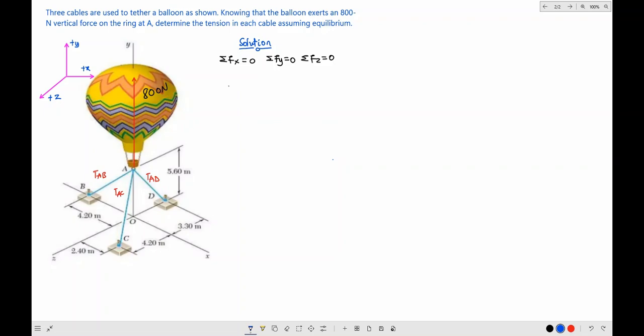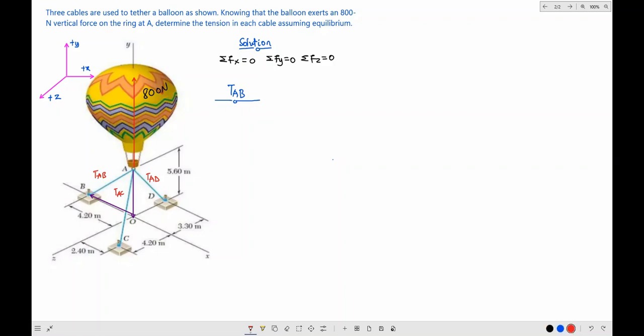First, I'll consider the tension in cable AB. To find the direction vector, we first have to find the position vector. How do you find the position vector? Assuming we are moving from point A to B, we move in this direction in the y-axis direction, then in this direction in the x-axis direction to get to point B. Let's write down the values.